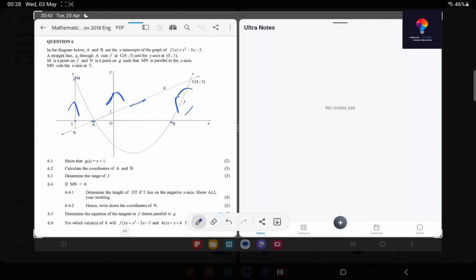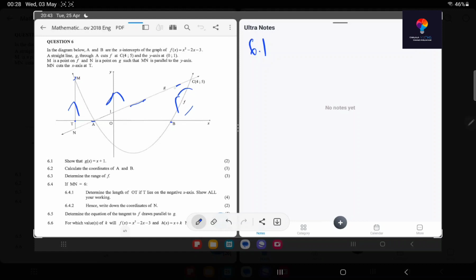All right. So let's go to question 6.1, which says we must show that g of x is equal to x plus 1.